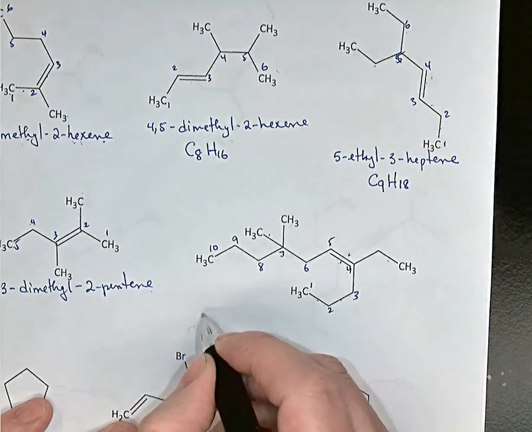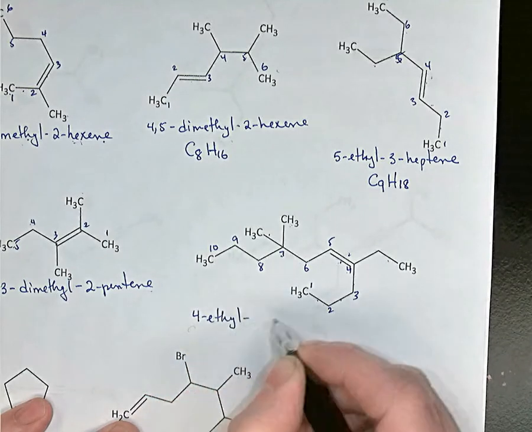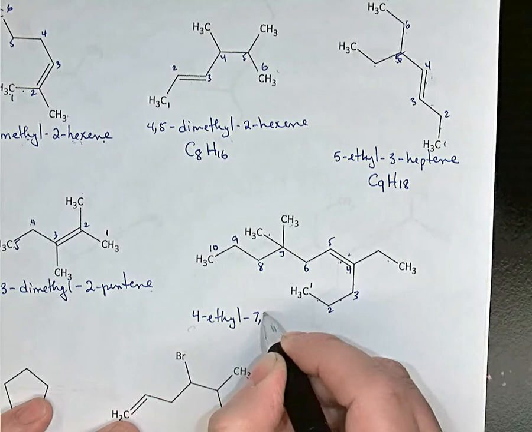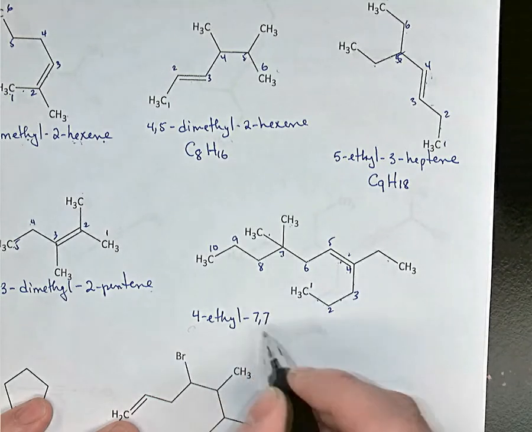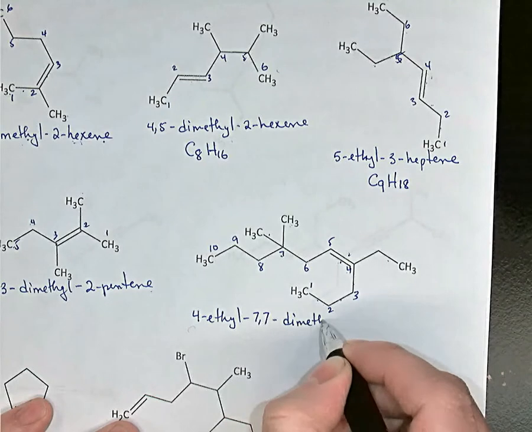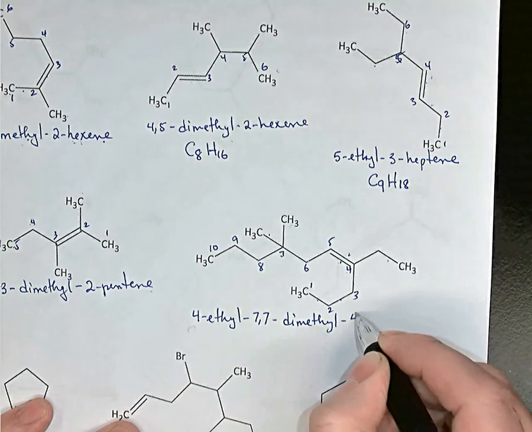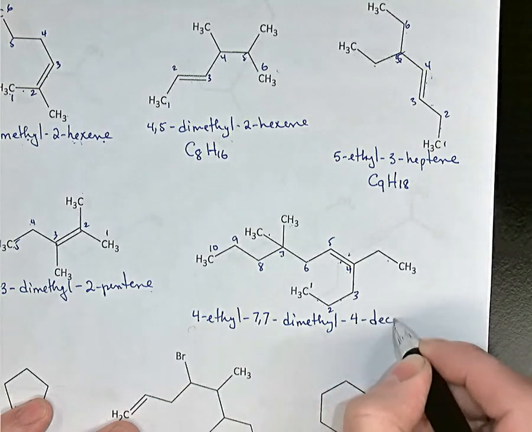So this is going to be called 4-ethyl dash 7,7, there's 2 of them there, so we have to use the number twice, dimethyl, and then the 4th bond, so 4-decene.